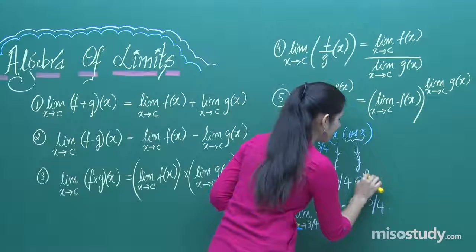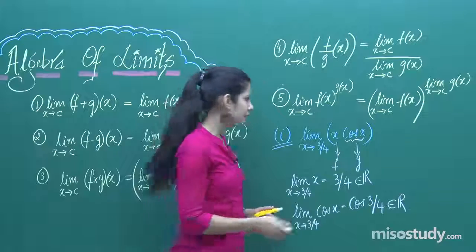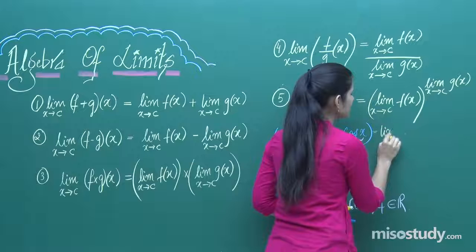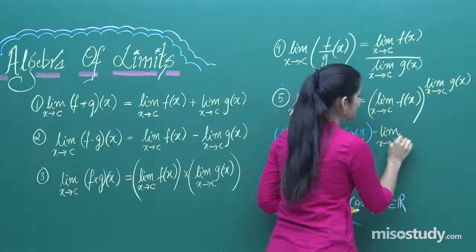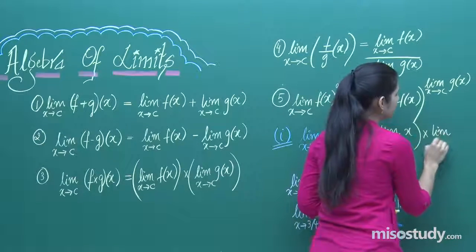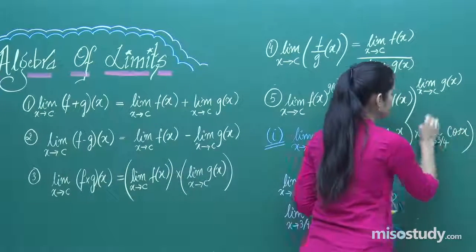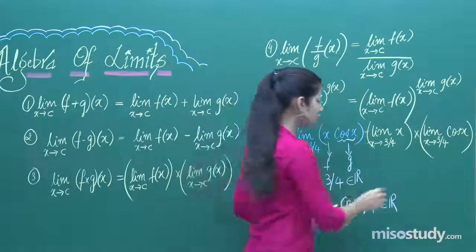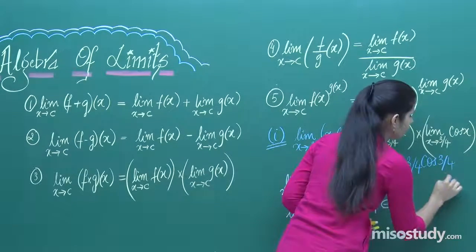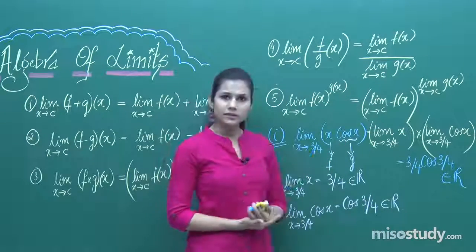This is a real number, this is a real number, and therefore by the property that we have done, we know that the limit at 3 by 4 of f(x) into g(x) is nothing but the limit as x goes to 3 by 4 of f(x) multiplied by the limit as x goes to 3 by 4 of g(x), which gives you nothing but 3 by 4 cos 3 by 4, which is definitely a real number. That is what we have done, isn't it?